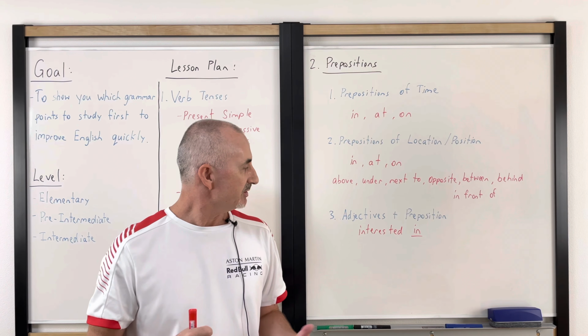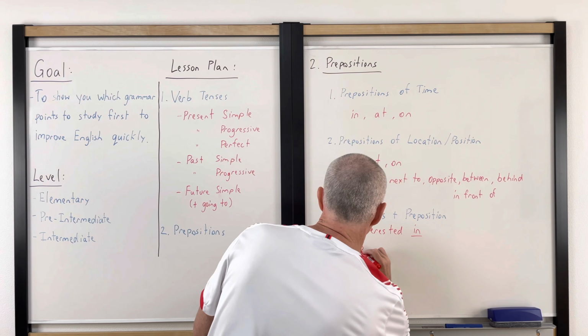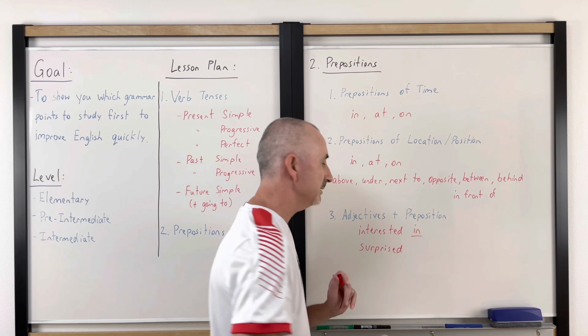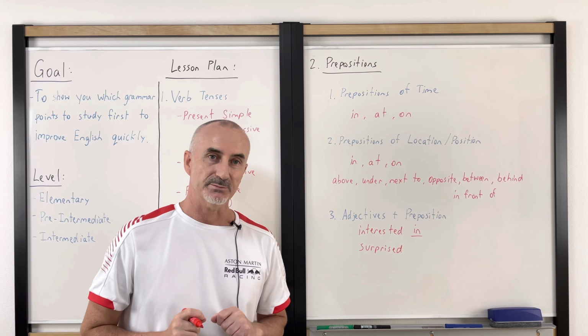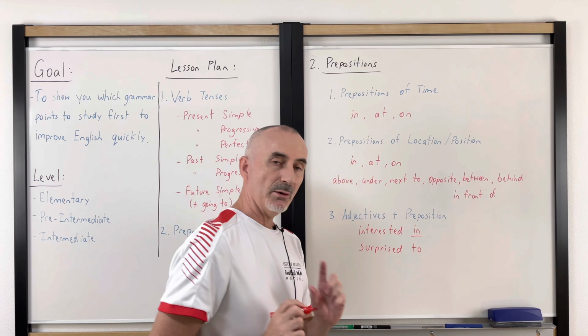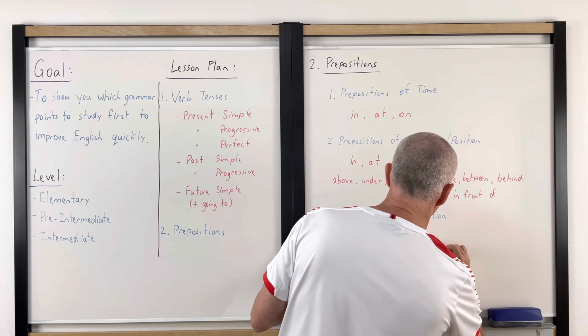Okay, the second adjective we're going to look at can take two prepositions. Surprised. Now, you may be surprised to know that it takes the preposition to. Now, when we use to with surprised, it's going to be for a verb.